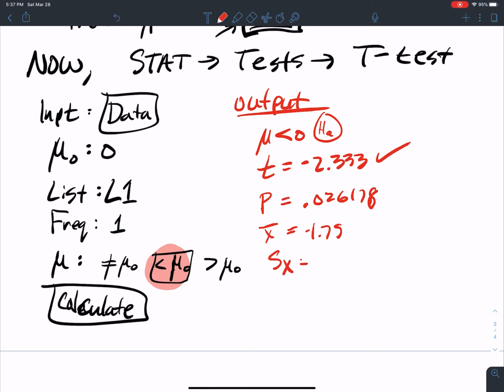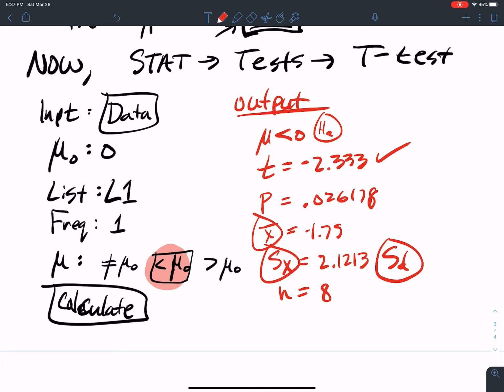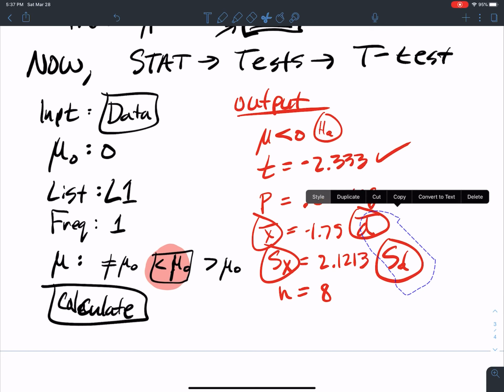SX equals 2.1213. N equals 8. Guess what? SX is SD. X bar is D bar. Okay, so something to make sure that you know. These things right here represent those things there. So looks like everything is exactly how we got it earlier.